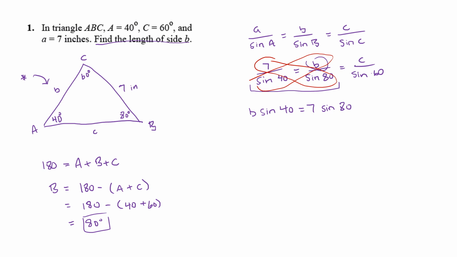If I want to get B by itself, I would divide both sides by the sine of 40. Plugging this into my calculator, making sure that my mode is set to degrees, I will get the value 10.7 inches. And that is the side length of B.